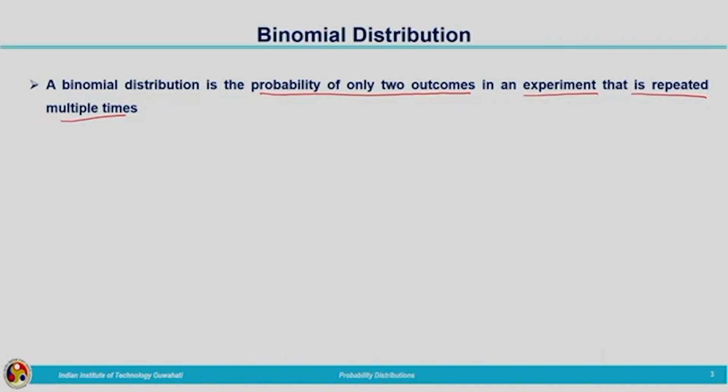One is getting a head and the second one is getting a tail. In both cases, the probability of occurrence is the same, that is 0.5. When you toss, the probability of getting a head is 0.5. The same probability is there for getting a tail also.